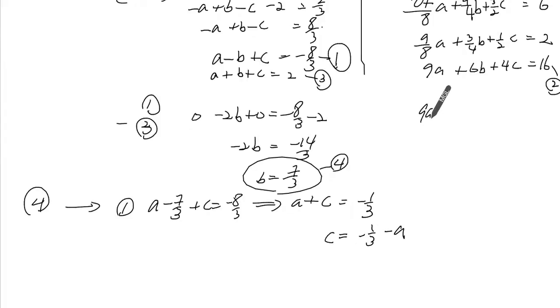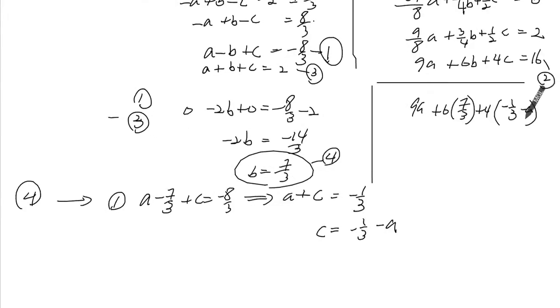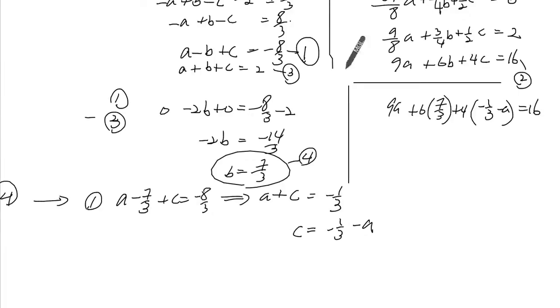So we have 9a plus 6 times 7 over 3 plus 4 times negative 1 over 3 minus a is equal to 16. So you get 9a, reduce this, and you get 14, right? And you get negative 4 over 3. Negative 4a is equal to 16.